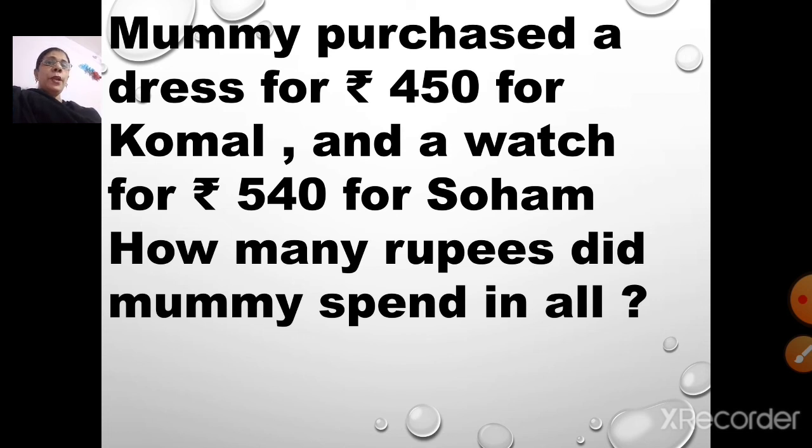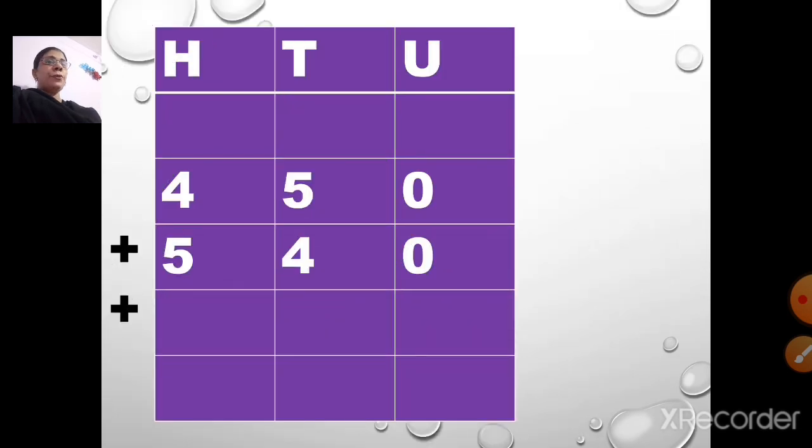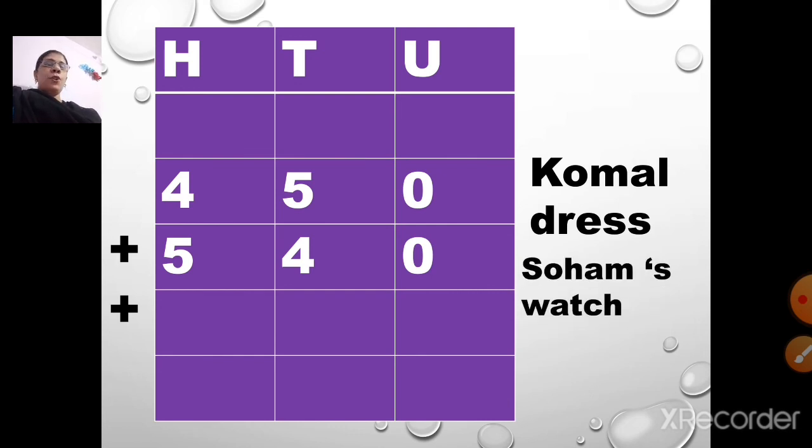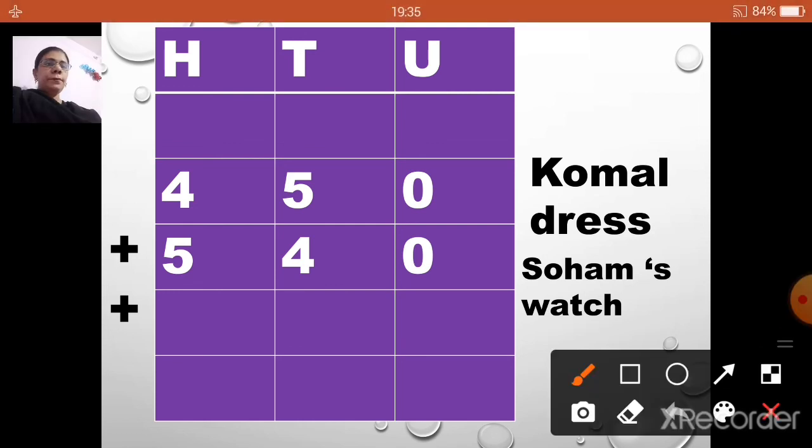First, we will arrange it according to their place value, HTU, then the numbers according to the place value. 450 is what? Komal's dress, and 540 is what? Soham's watch.